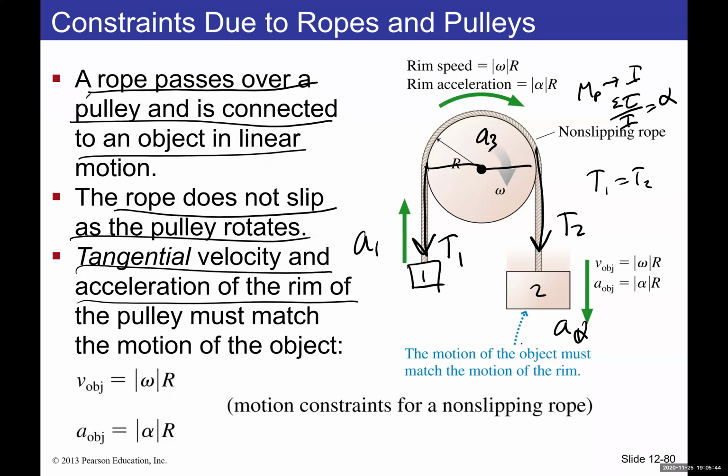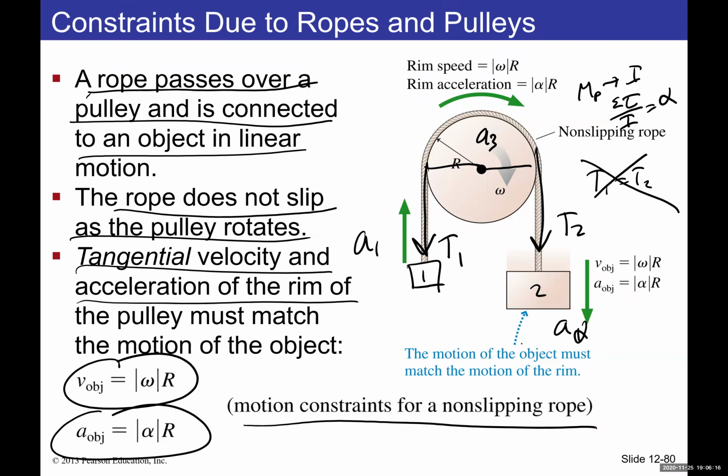That means the acceleration of the pulley, object one and object two are still the same. Tension is no longer the same, but at least the accelerations are all the same. And if I'm applying the velocity of the object to the pulley, then I can rewrite that in terms of omega times r, and the acceleration of the object as alpha times r, which are the equations for the conversion from linear to rotational for the velocities and accelerations. And this is a motion constraint for a non-slipping rope.